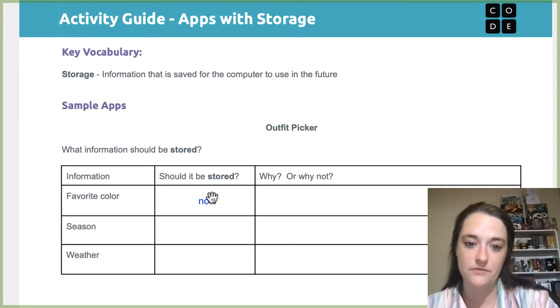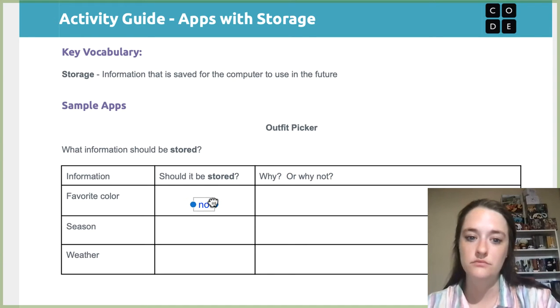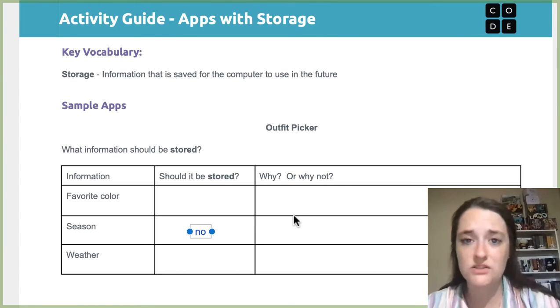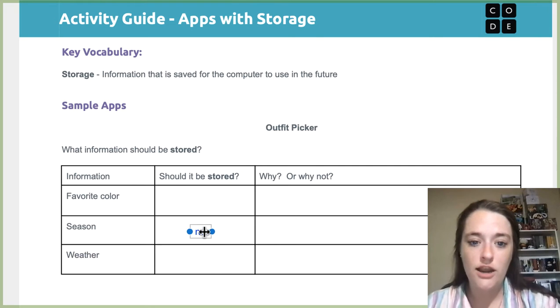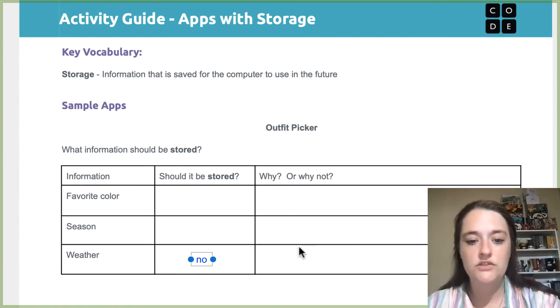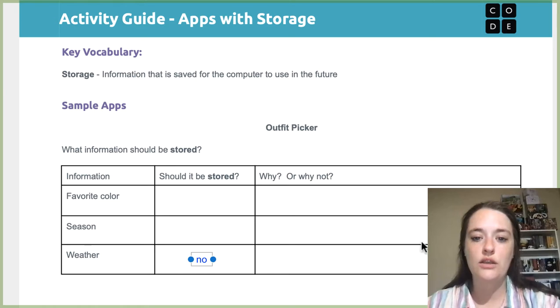Okay, that's an idea. Season. Should the season be stored? No. Why? It should not be stored because the seasons will change. All right, weather. The weather frequently changes. Okay? So the most important part is going to be your why or your why not. You want to be able to support whatever it is that you think, okay?